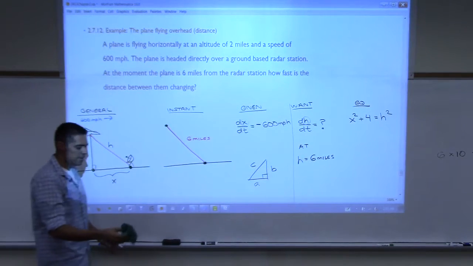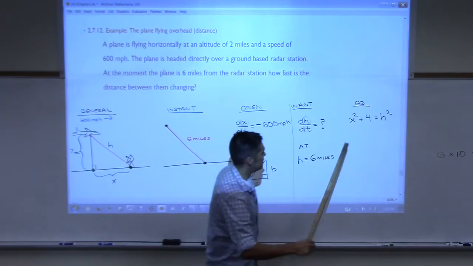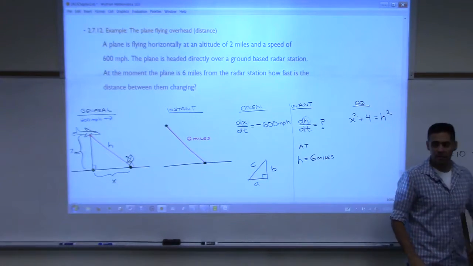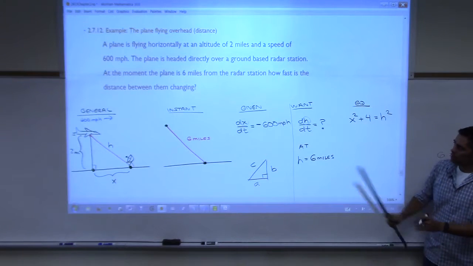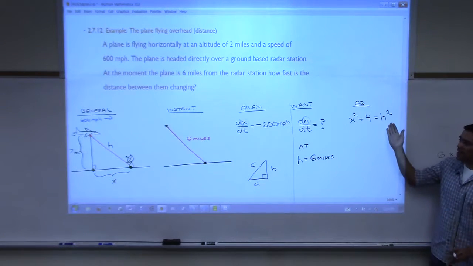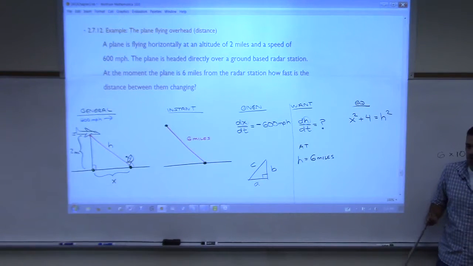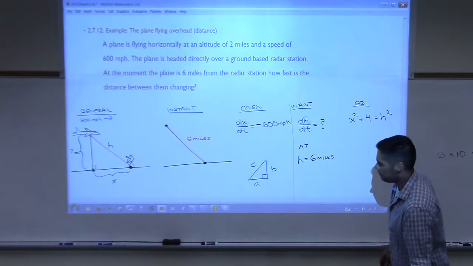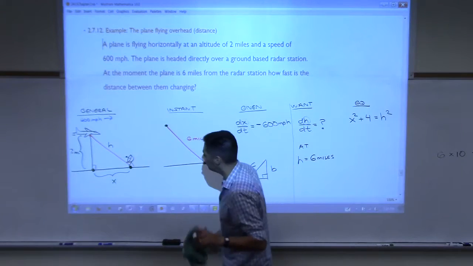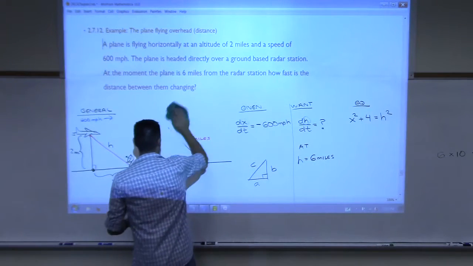If I differentiate this equation with respect to time, I will find a dx/dt, which is good, and I'll find a dh/dt, which is what I want. So I should be able to use this. Derivative time? Okay, let's do it.